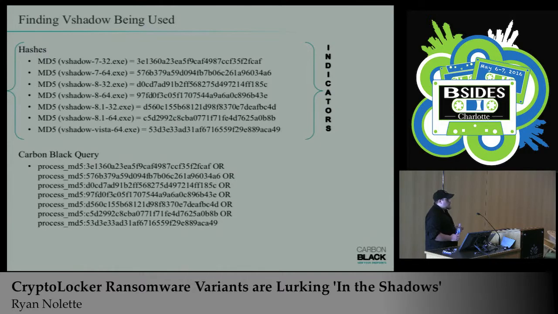In particular, what I'm looking for is illegitimate use of the Microsoft binary. And this binary that we're talking about is the vShadow binary. There's a 32-bit and a 64-bit version for each OS and minor OS revision. So this is not a complete list. This is just the ones I pulled off MSDN a little while back.